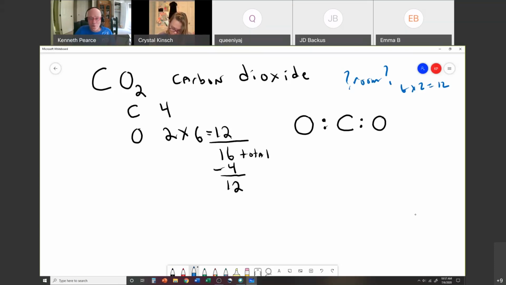And that's fortunate because I have 12 electrons over here. So I go minus 12. I have that much room. And so let's go ahead and put those 6 electrons on. 1, 2, 3, 4, 5, 6. 1, 2, 3, 4, 5, 6. Now remember, we did the inside. We're going to the outside.